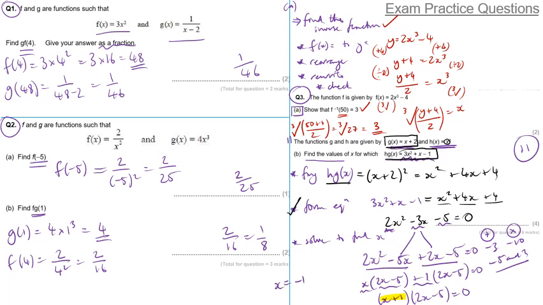So 0 times anything is equal to 0. Or we can make the second bracket equal to 0. So for that, we'd need 2x to equal 5, which means that x would have to equal 2.5. So there are two solutions for this. x is equal to -1 or x is equal to 2.5.